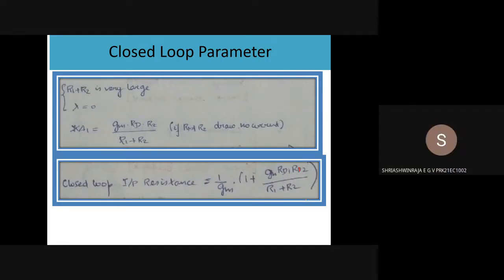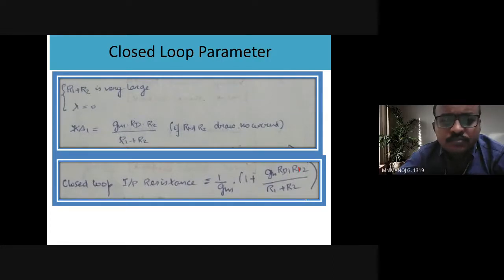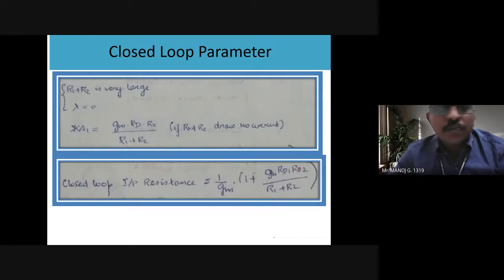Is that right, all of you? Let's check it out. That's the closed loop input impedance, or input resistance.